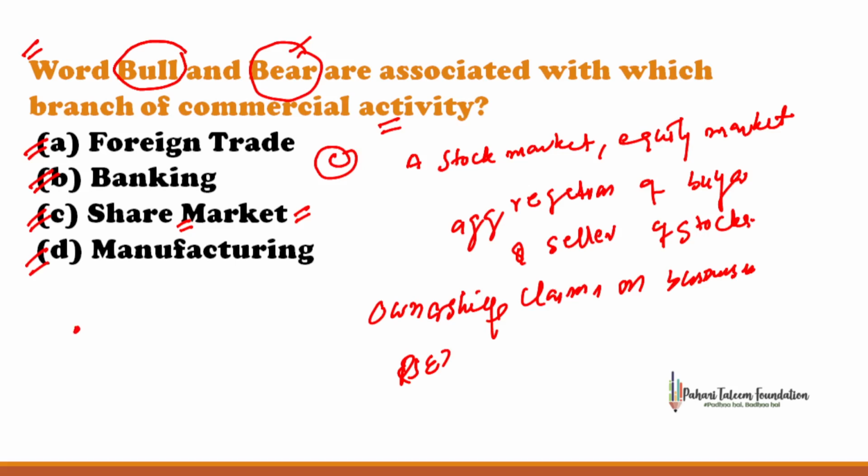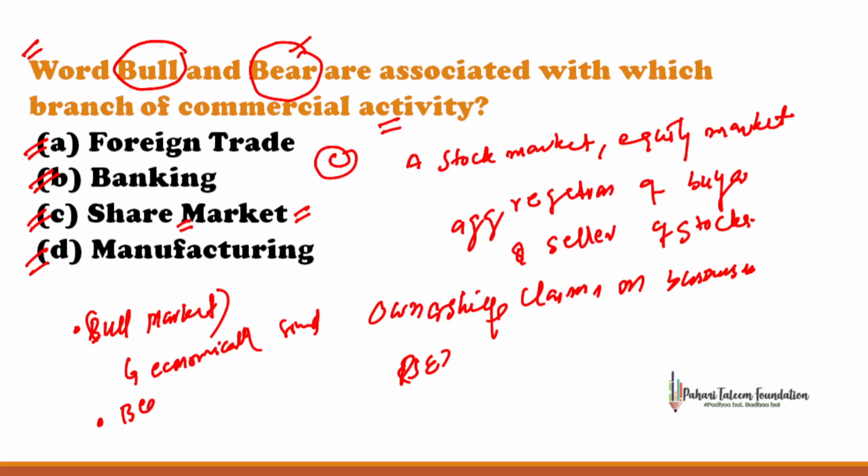Okay, so what does a bull market mean? A bull market is a market that is on the rise and is economically sound. While what does a bear market mean?